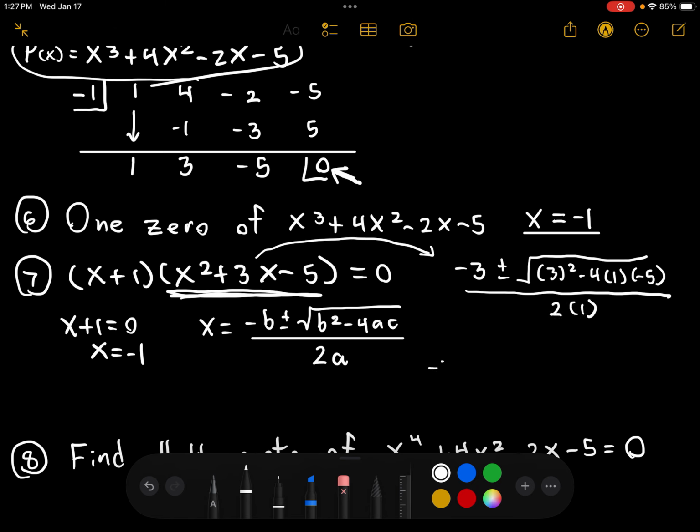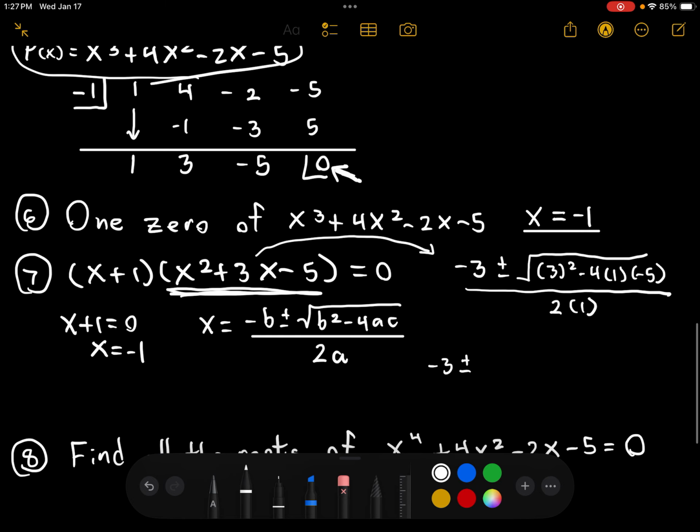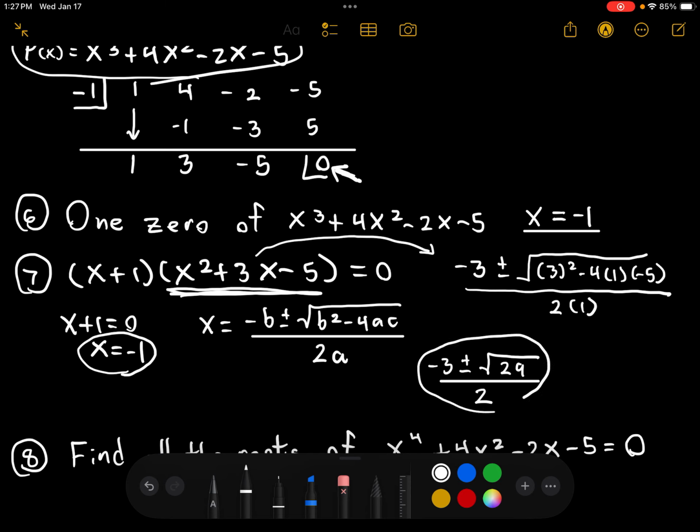That would give me negative 3 plus or minus the square root of 29 over 2. And let's see, that's 9 plus 20, that's 29. Which, by the way, 29 is a prime number, and I can't really do much with that. But notice that I have one root here, and this counts as 2 roots. Okay, and if you look at the degree of the function originally, that was degree 3. I have 3 roots, so I know I'm doing this right.